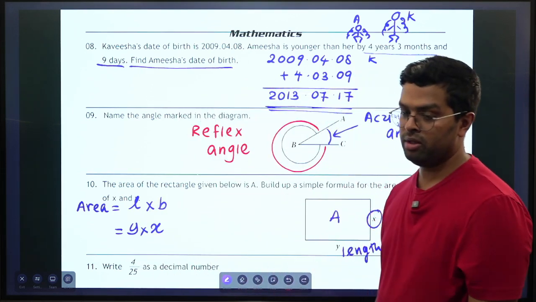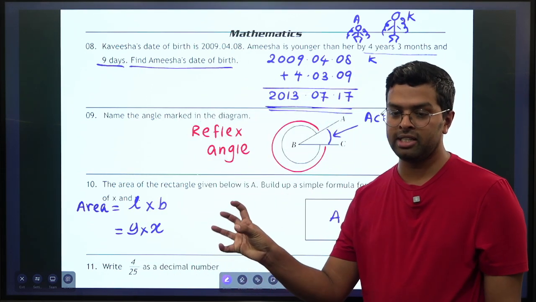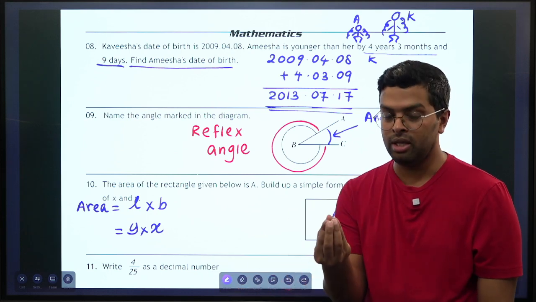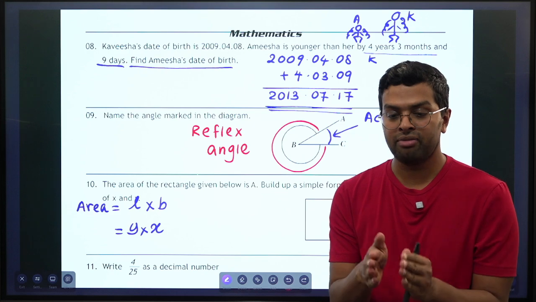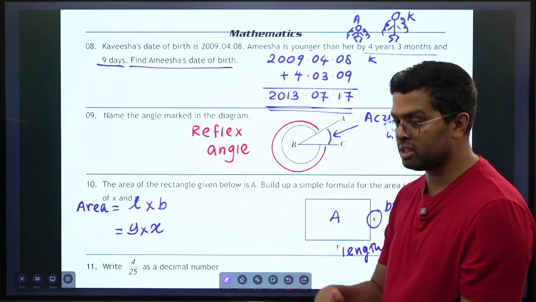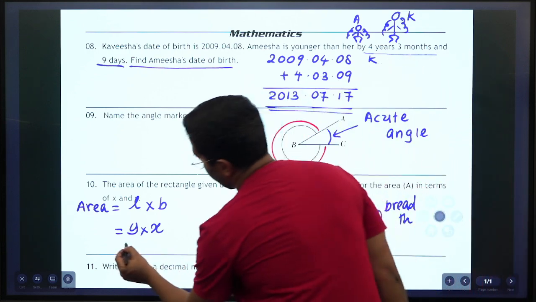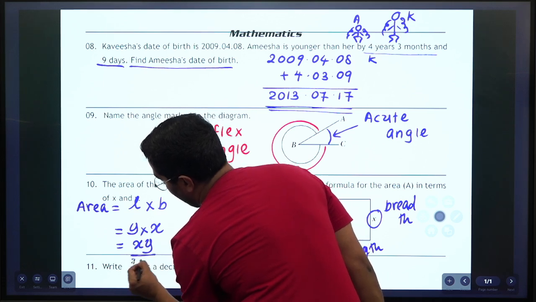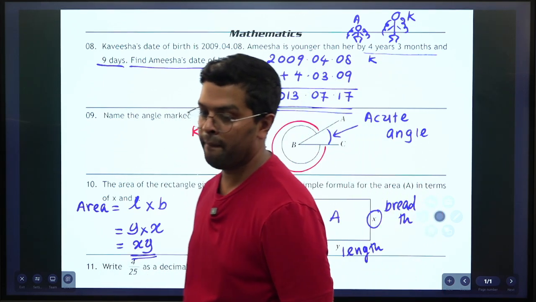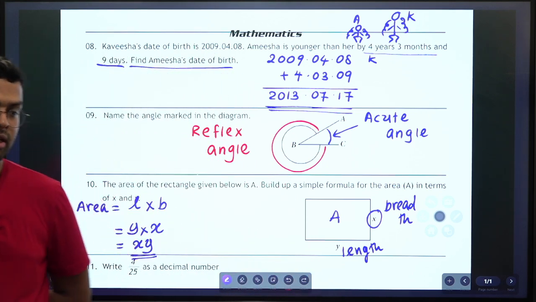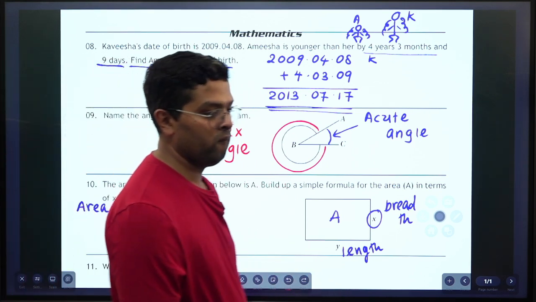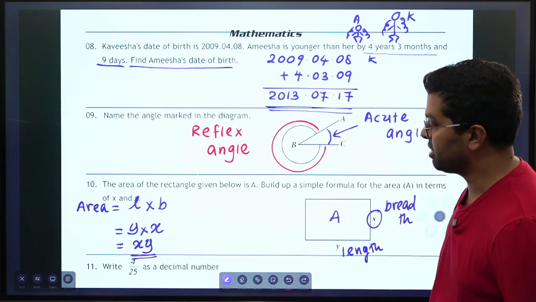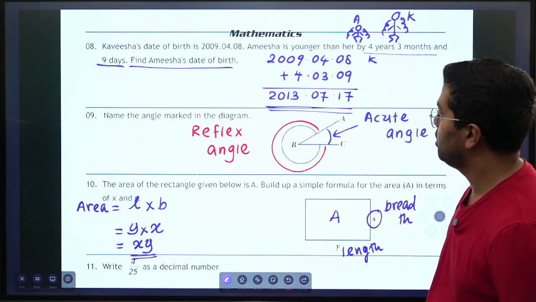Normally when we write algebraic terms, it is not mandatory, but we write them in alphabetical order, so x before y. Let's eliminate writing the multiplication symbol as well. The answer is xy.